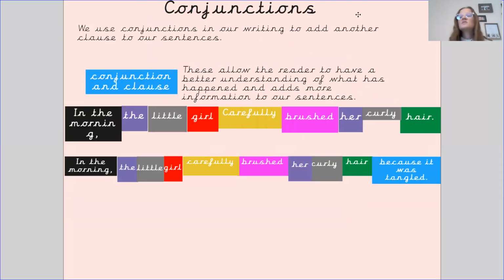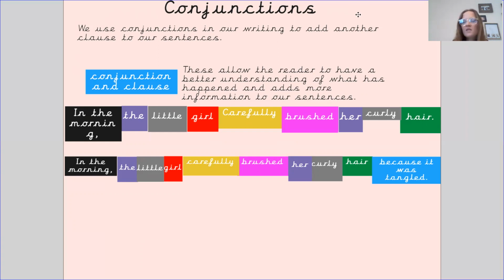We also use conjunctions in our writing. You will be doing a SPAG lesson on adding conjunctions into your writing, or you would have done it yesterday. And we know that we use conjunctions in our writing to add other clauses to our sentences. So these allow the reader to have a better understanding of what has happened and adds more information into our sentences.